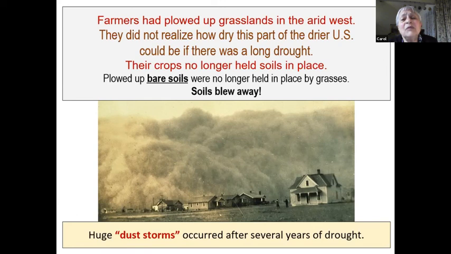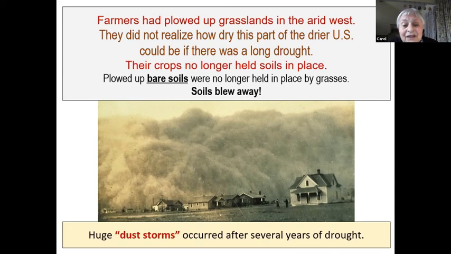That became an unusually dry place in the arid West. There was a drought in the 1930s. Now, people had plowed up the soil. There no longer was grass in place to hold the soils in place. The bare soils were plowed up, and in the drought, nothing was growing, and the bare soils blew away.